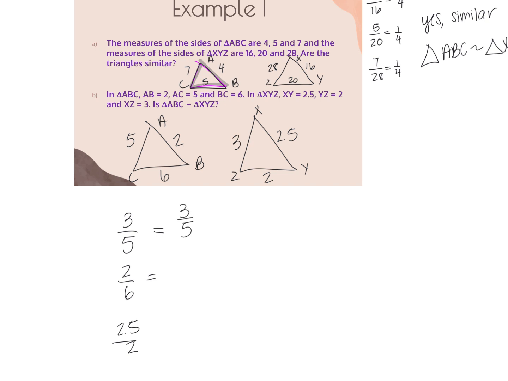Can I simplify 2 over 6? 1 over 3. Good, 1 over 3. Are these the same? No, so I can stop right there and give you my answer. Are they similar triangles? No, not similar. I don't even have to do that decimal.